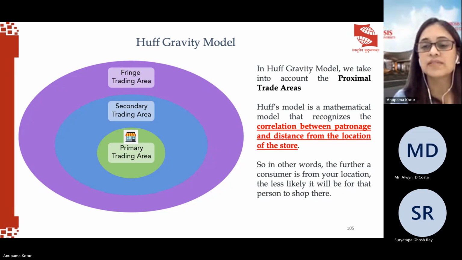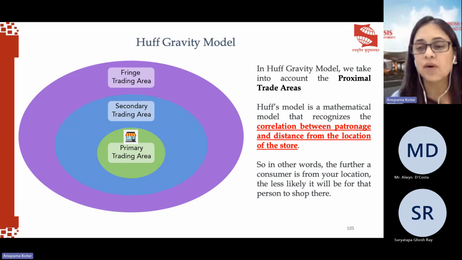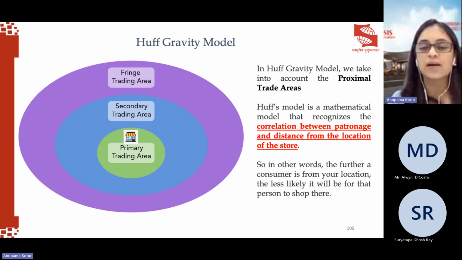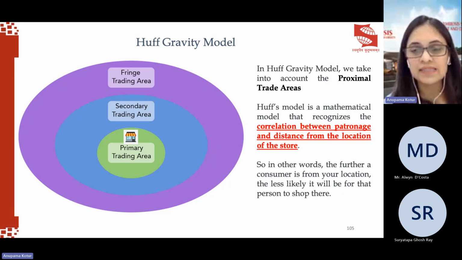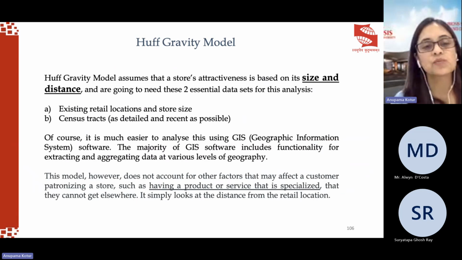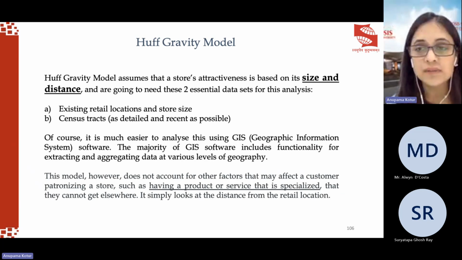Huff's gravity model is a mathematical model that calculates the correlation between the distance and the trading area. Now let's quickly look at the information you would need to employ this mathematical model to calculate the retail location, right?